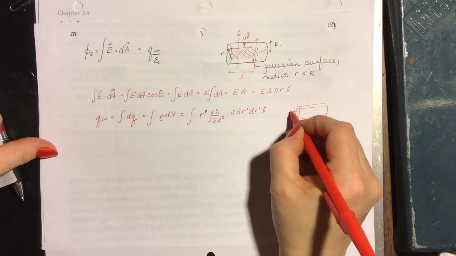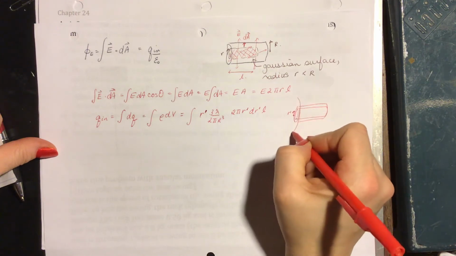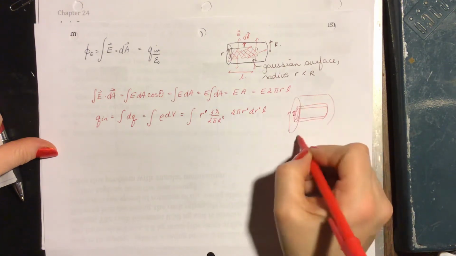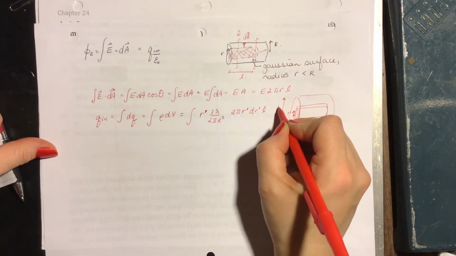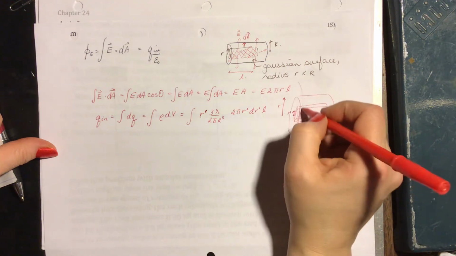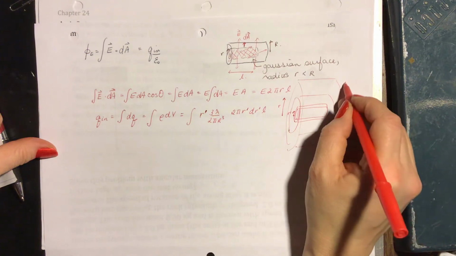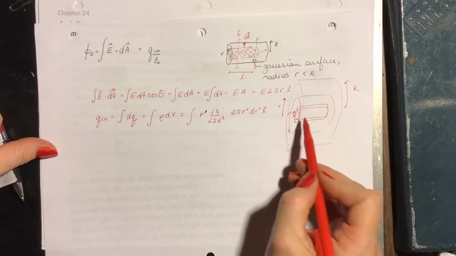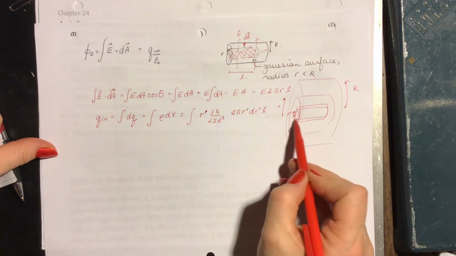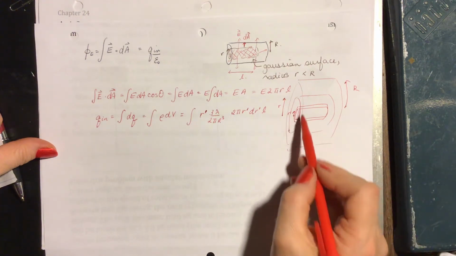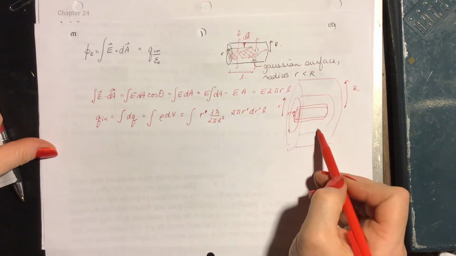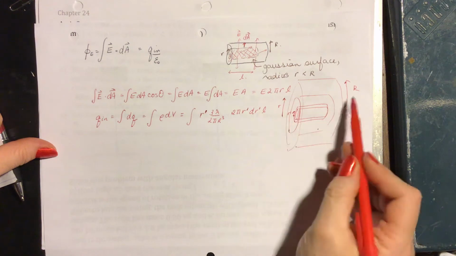Our Gaussian surface has radius r, and our total cylinder has radius big R. Okay, there's all our different variables. This r primed goes with one shell, and we're adding up all the shells to get the total charge inside our Gaussian surface that has radius little r. Our big cylinder has radius capital R.